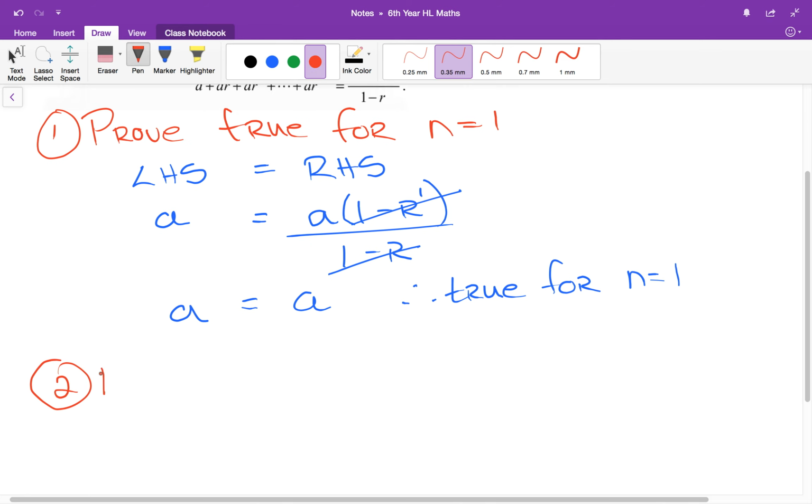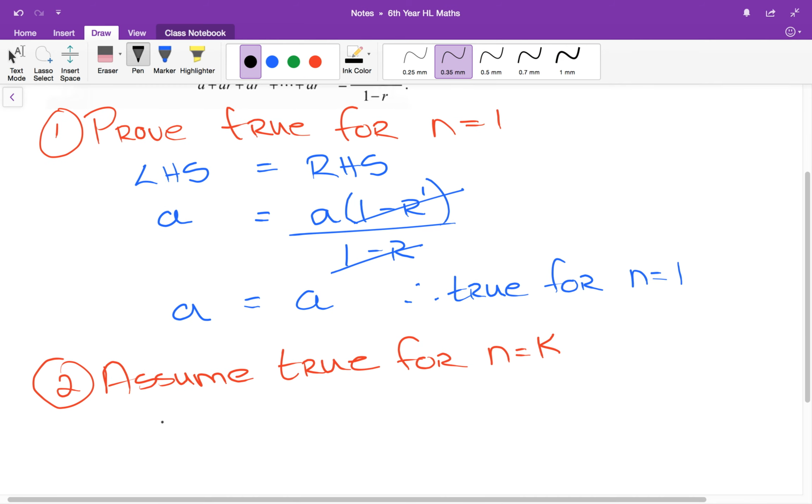Okay, so step 2 is our assumption. So state what the assumption is. Assume that it's true for n equal to k.